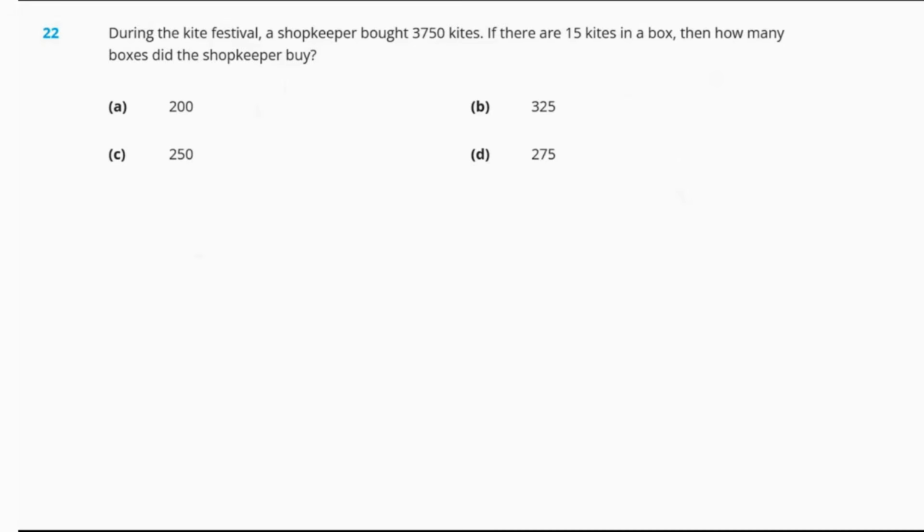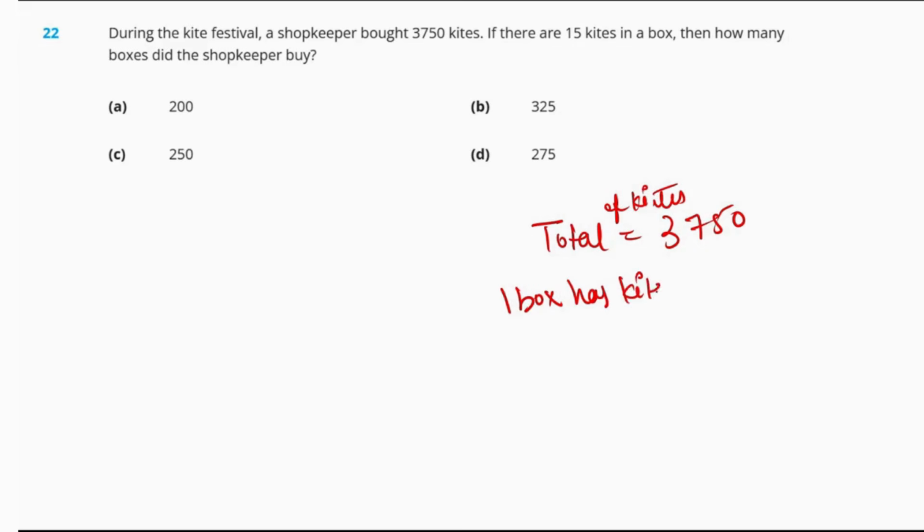Now, next question is, during the kite festival, a shopkeeper bought 3,750 kites. So the total number of kites that he has is 3,750. Now, if there are 15 kites in a box, then how many boxes did the shopkeeper buy? So this is the total number of kites, and the number of kites one box has is equal to 15, right?